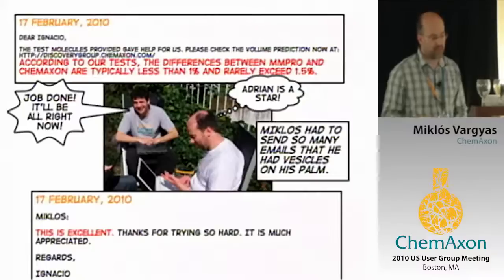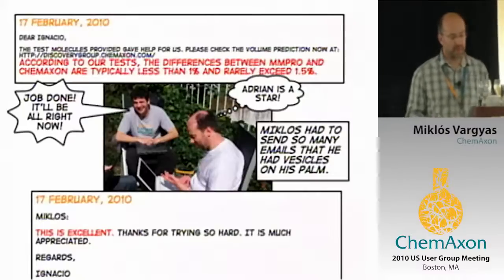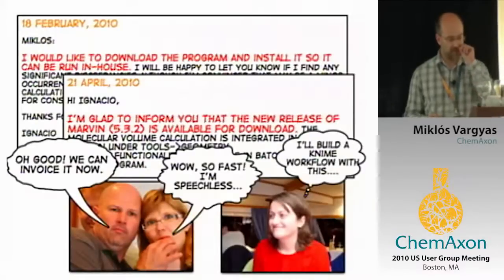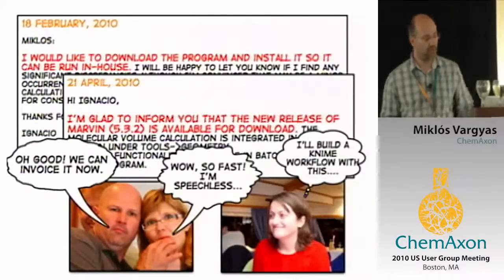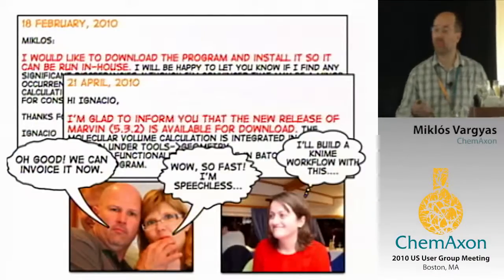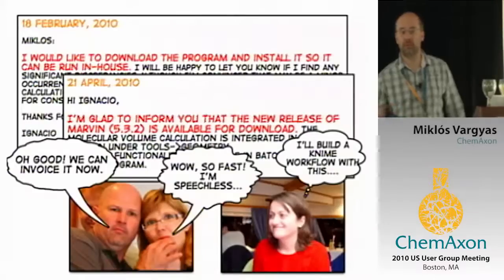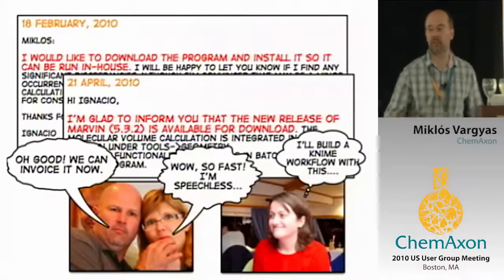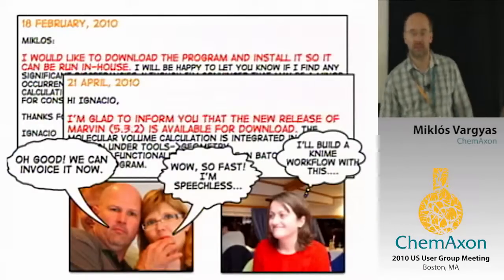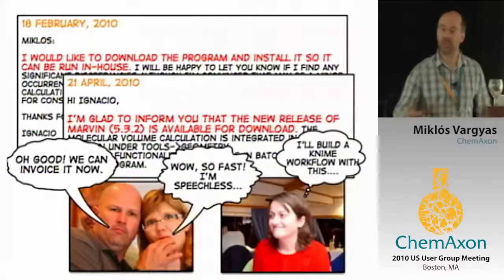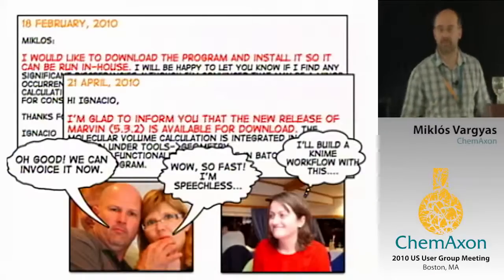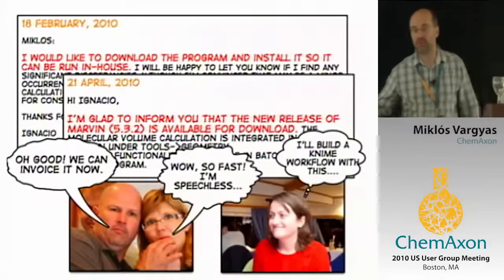And the next day, he sent us another email in which he asked for the release version because he wanted to download it and install it on his computer and on the computer of his colleagues in his group and to use it on a regular daily basis. The SANDBOX is not suitable for that.